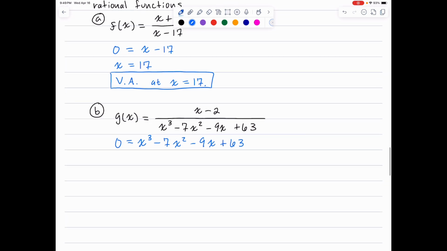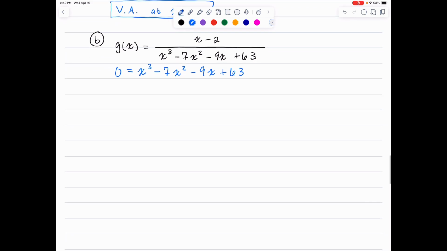So this is factorable, so let's factor it. I'm going to put in my parentheses where they belong. So I'm going to have a parenthesis here, x to the third minus 7x squared, plus negative 9x plus 63.